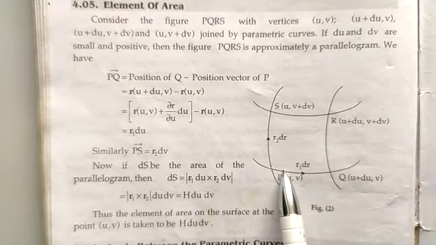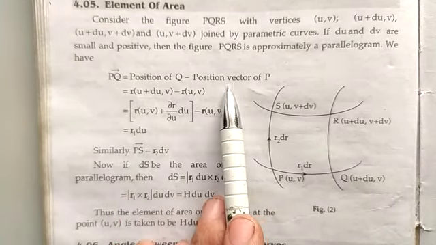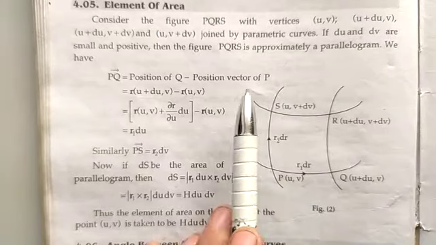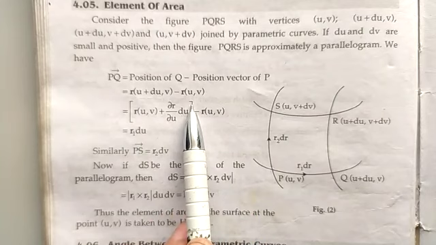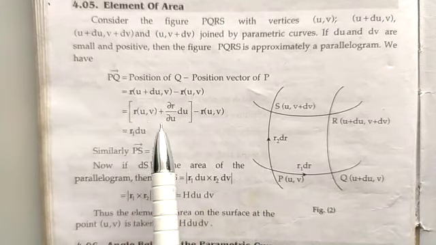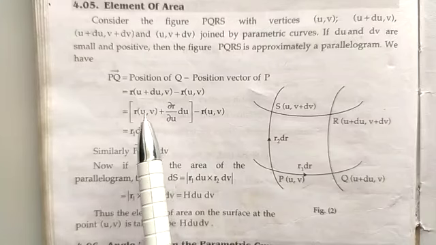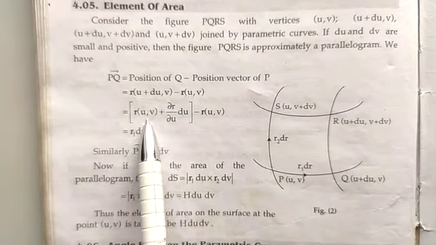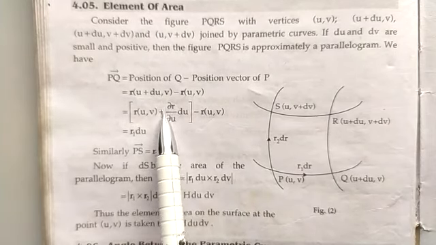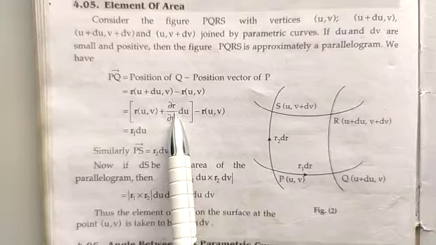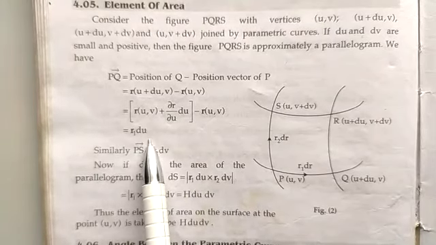Vector PQ, by definition, means the position vector of Q minus the position vector of P. Now expanding this term by Taylor's theorem and neglecting the second and higher order terms, we get this expression. From here these two terms cancel out, and this is by definition the vector r1. So vector PQ is equal to r1 du.